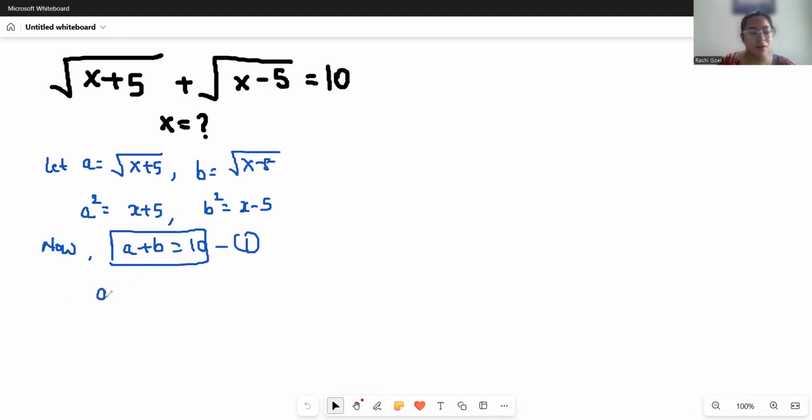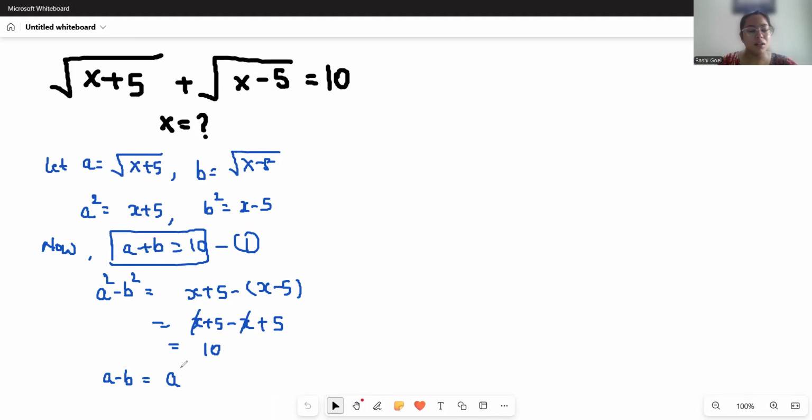If I do a² − b², it becomes x+5 − (x−5), so x+5−x+5. The x terms cancel out, and 5 plus 5 is 10. Now a − b equals (a² − b²)/(a + b).